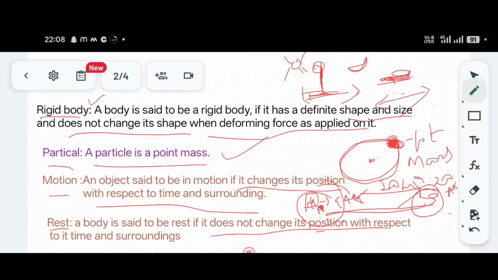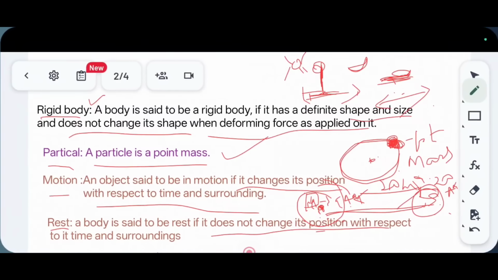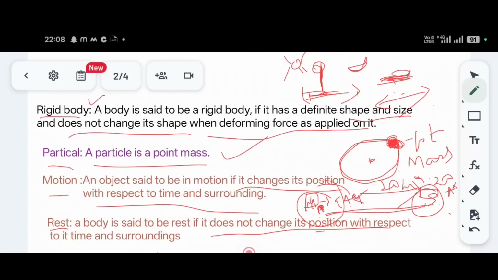Hence it should be with respect to time and with respect to surrounding, but even as the time passes, it is known as rest.